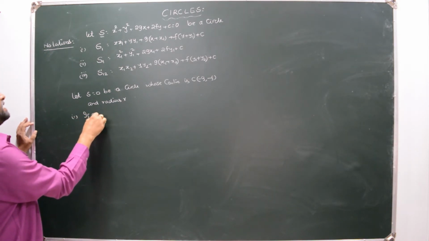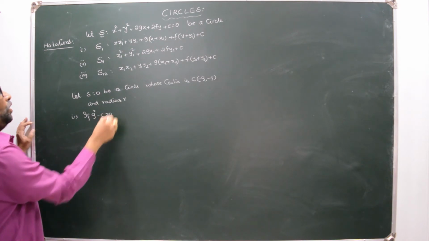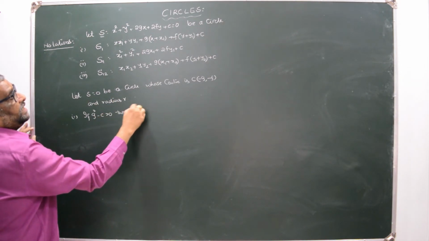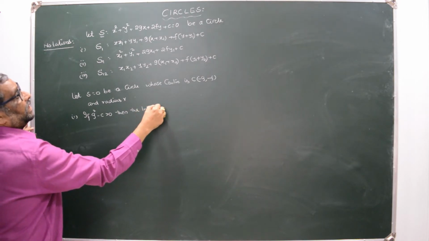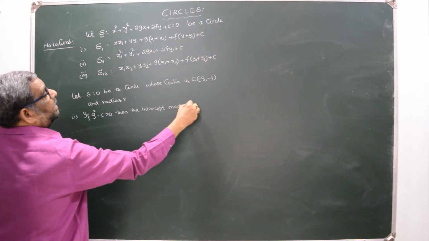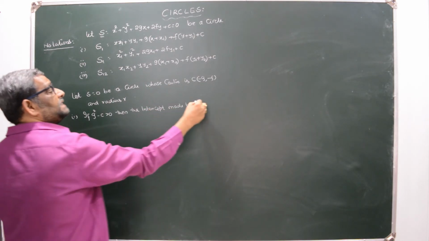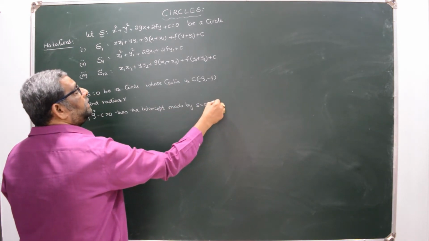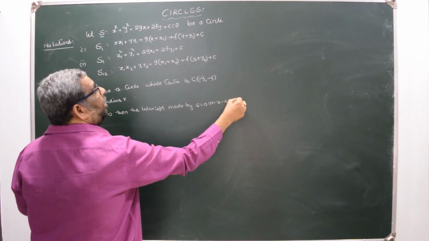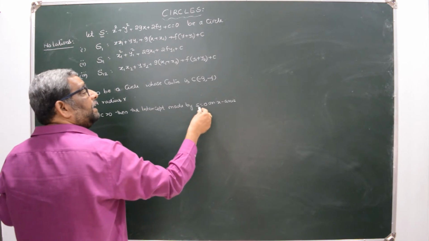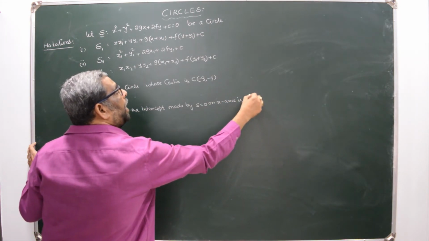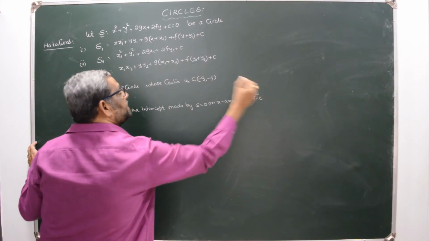If g square minus c greater than 0, then the intercept made by S equal to 0 on the x-axis is 2 into root of g square minus c.